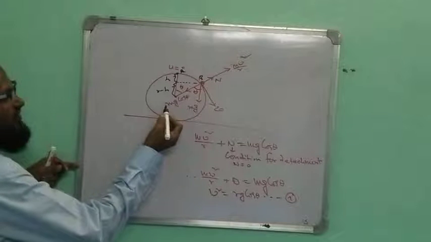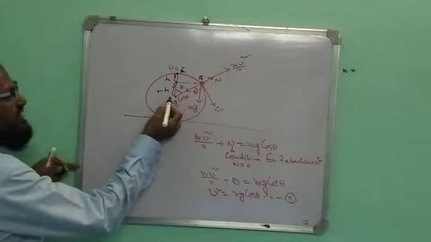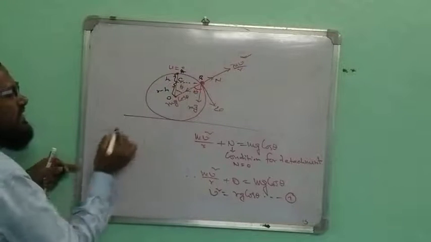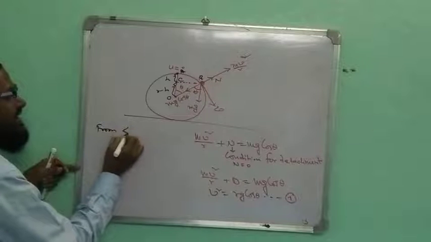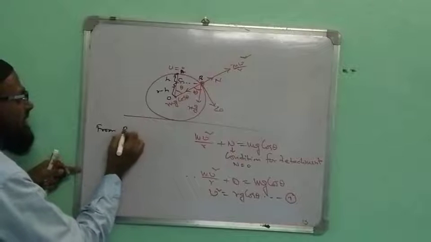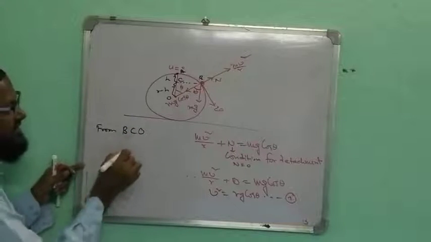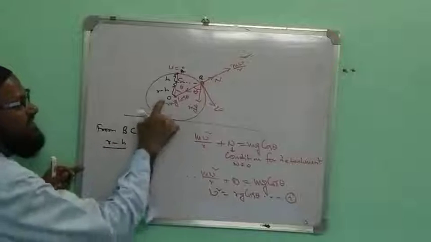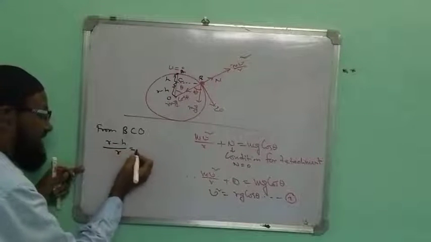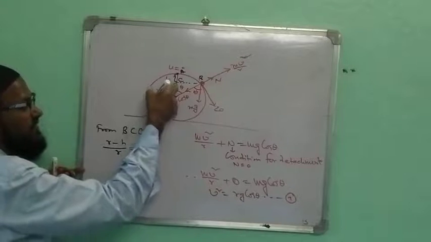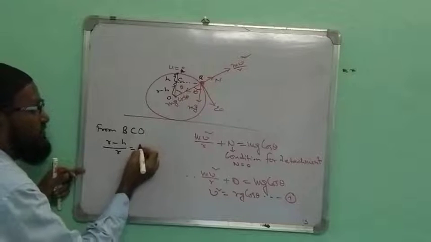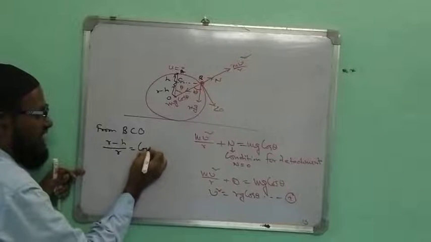Now, see here. This is O, A, B, and suppose this point is C. From triangle BCO, R minus H divided by OB, where OB equals R, equals, with respect to theta, the base by hypotenuse, which is cos theta.